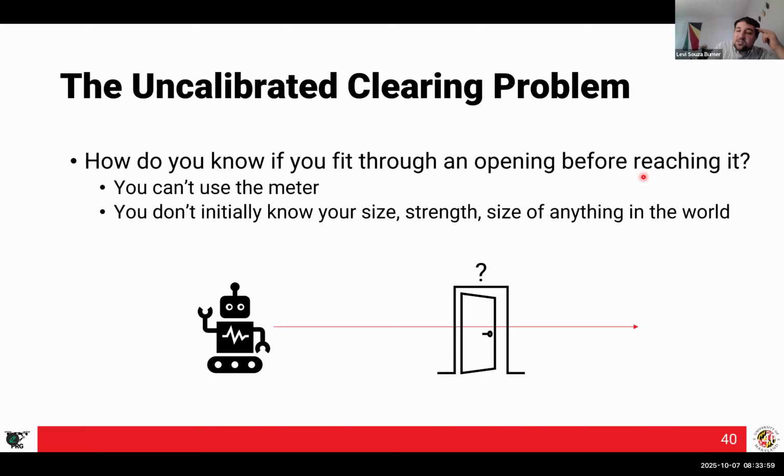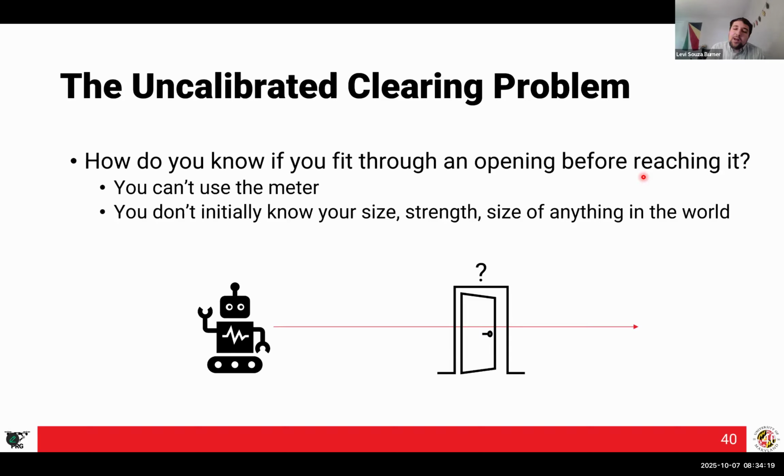There are two case studies that are very important that this paper considers. The first one is uncalibrated clearing, which, as far as I know, has not been solved in robotics till now. This is a basic problem where you have a robot that doesn't know what the meter is, it doesn't know its initial size, strength, or size of anything in the world. You could imagine it was just born.